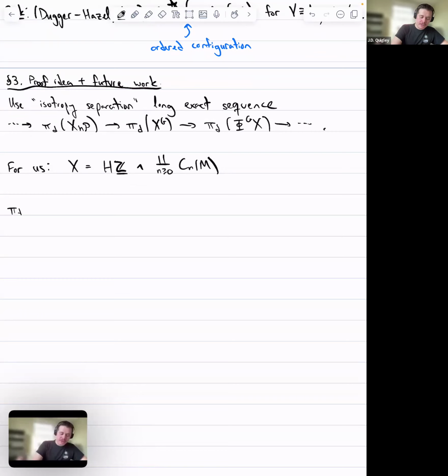In our case, pi d of X^G is just the Bredon homology groups that we're trying to compute. So it's the dth Bredon homology of this disjoint union. So this is what we want.